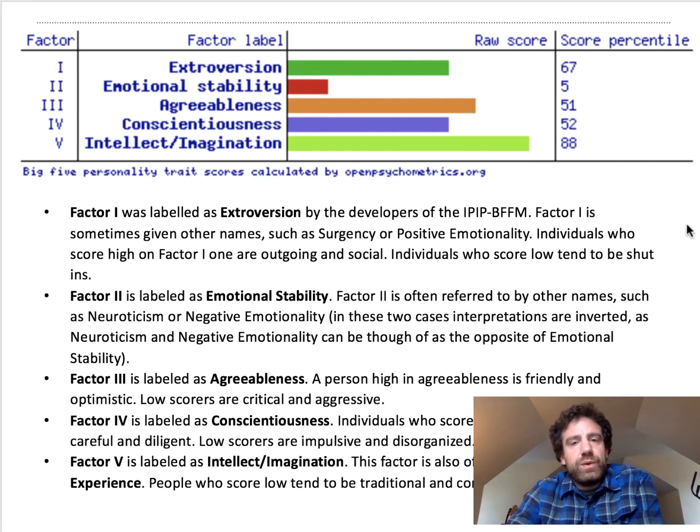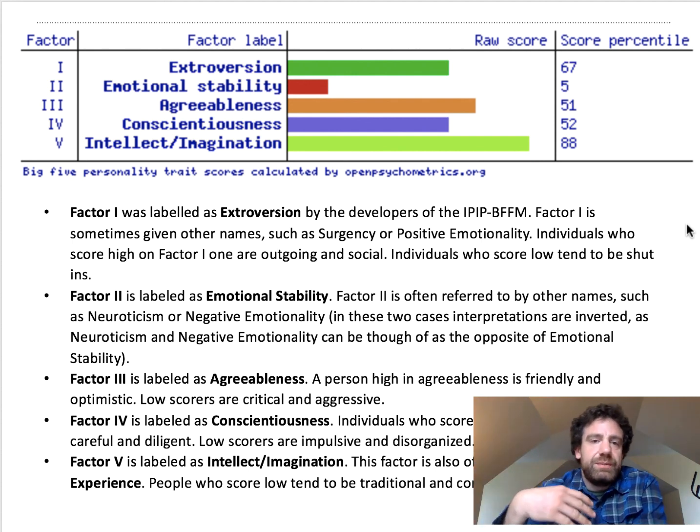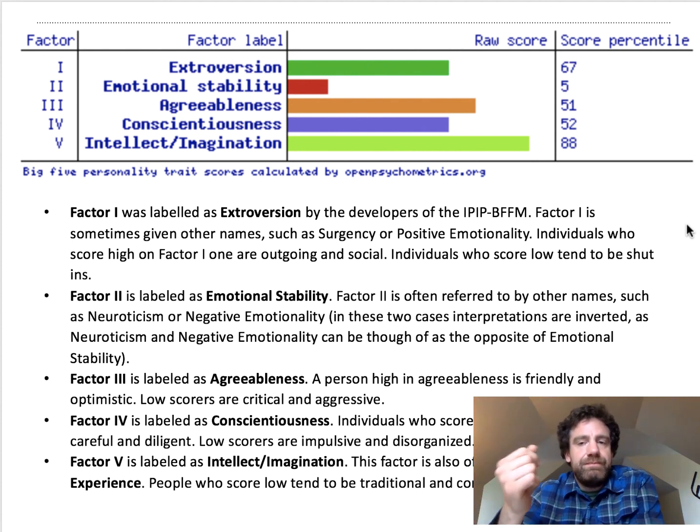So when you take the Big Five test and it tells you you have some level of extroversion, some level of emotional stability, it doesn't really make sense to think of the test results as telling you something new about yourself. All they're doing is taking your answers to certain questions and reporting back the common qualities of those questions.